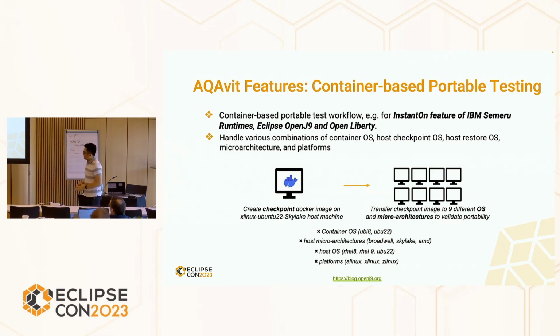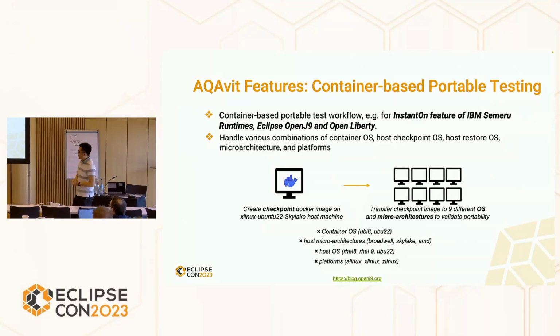So if you think about running those combinations, it's a lot of work. That is why we integrated it into our test pipelines. We have a pipeline called the dev external pipelines. For the dev external pipelines, first it will run a sub pipeline, which will create the checkpoint on almost all the microarchitectures and all the OS.